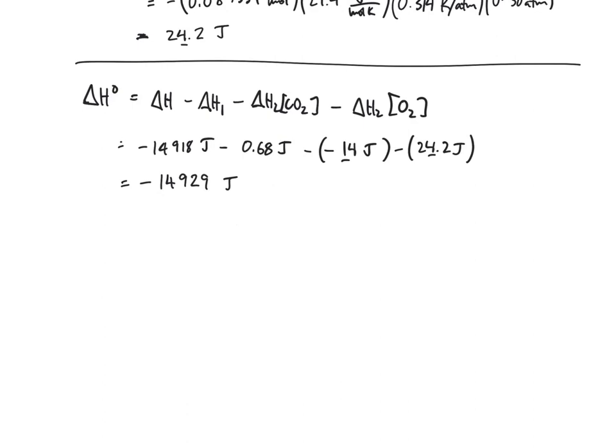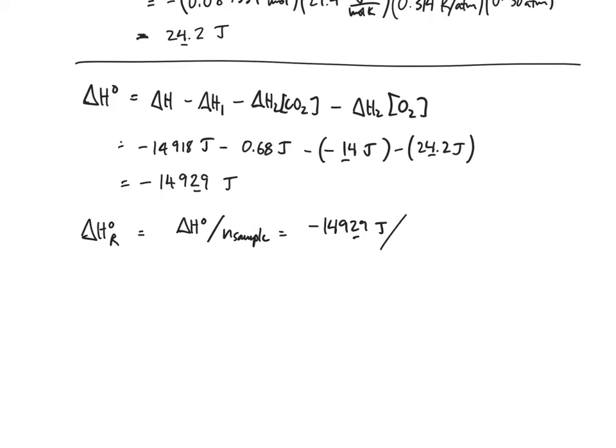However, this was for the amount of biphenyl that I reacted in the bomb calorimeter, but I want to be more general than that. I want to know how much heat is going to be released per mole so that I can scale this to any amount of biphenyl. So to do that, I need delta H naught R, which is going to be equal to delta H naught divided by the number of moles of the sample. So that's negative 14,929 joules.